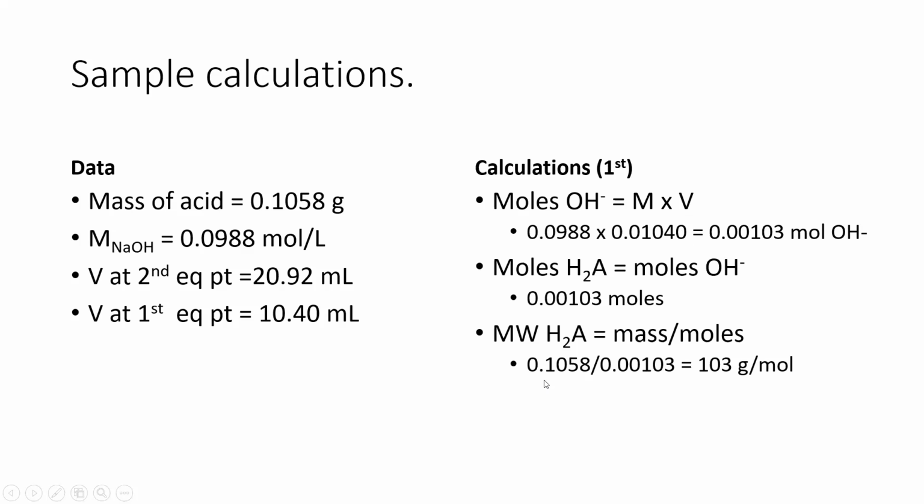Then I divide my mass by my number of moles, and I get 103 grams per mole. You'll notice the molar masses were very similar, 102 versus 103, but not exactly the same. This is experimental error that happens sometimes, but they are pretty close to one another, and they should be. Either way you do it, you should come up with something pretty similar.